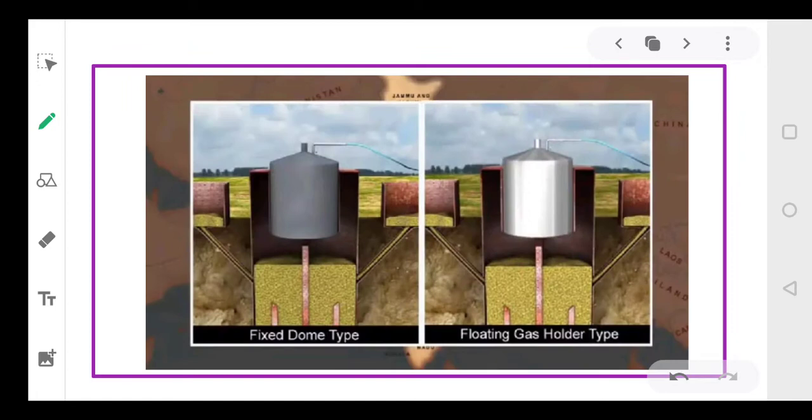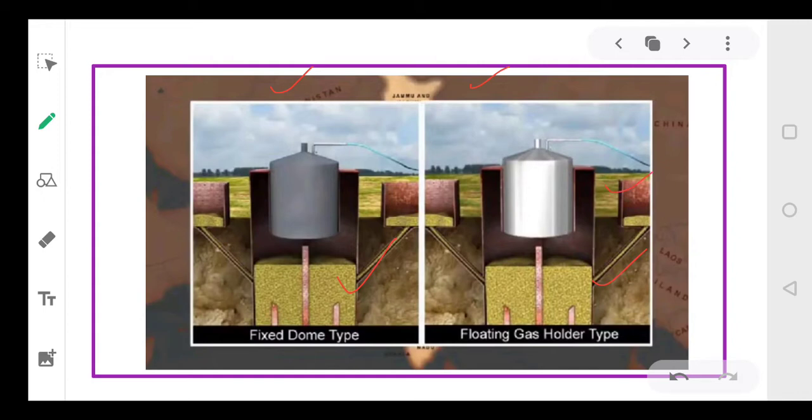There are basically two types of biogas plant which are highly used in India. One is a fixed dome type plant, another is a floating gas holder type plant. Now in class 10th you have studied the fixed dome type plant. In this module we'll focus on the floating gas holder type plant.